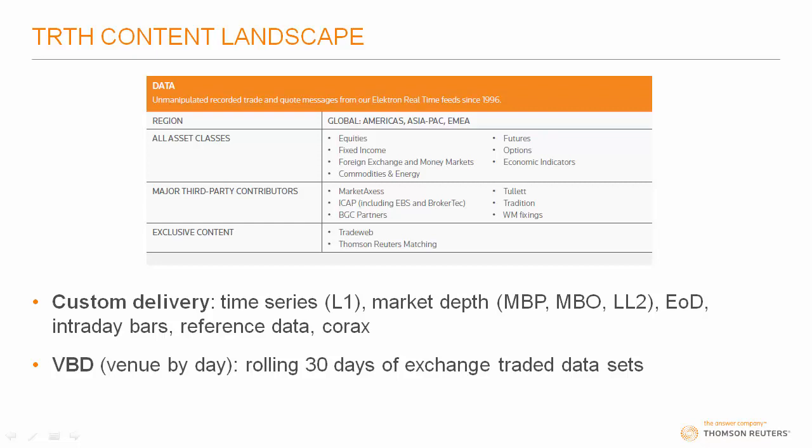There's also reference and other data, like corporate actions, cross-reference, in other words security identifiers, symbology changes, terms and conditions, and historical chain constituents. Venue by day data are pre-packaged data sets covering all the data for data providers, time series, market by price, and you have 30 days of history which are available.